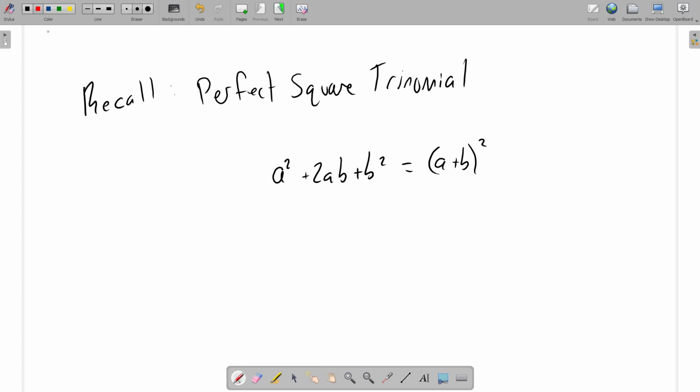Okay, so this idea of having a perfect square so that we can factor it easily is why we call this method completing the square. We're going to be trying to make this square.